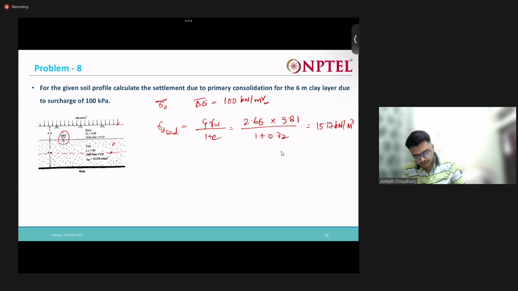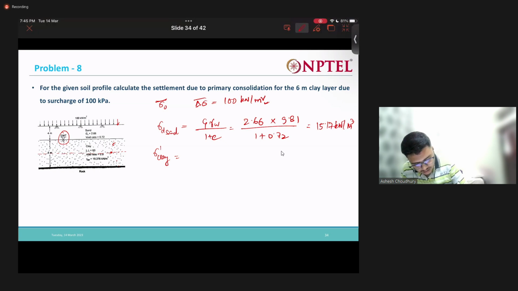Now next we need to calculate the submerged unit weight of the clay. What is the submerged unit weight of the clay? Gamma submerged for clay is (G minus 1) times gamma W divided by 1 plus e.